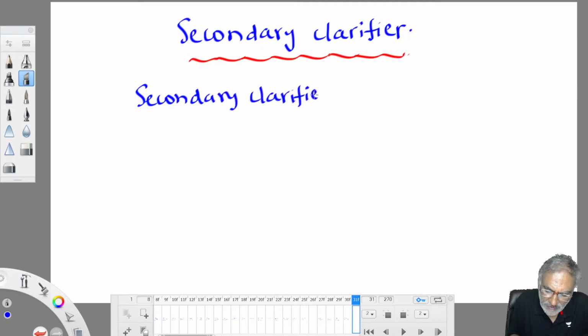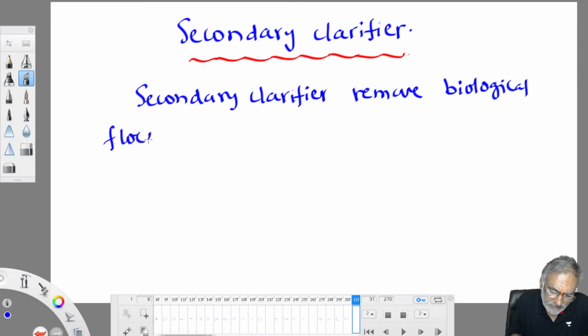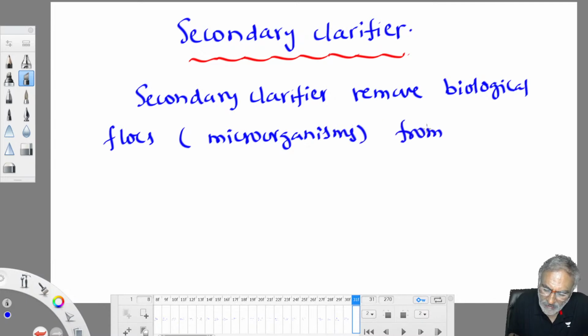The secondary clarifier removes biological floc, that is microorganisms, from wastewater effluents prior to disposal.